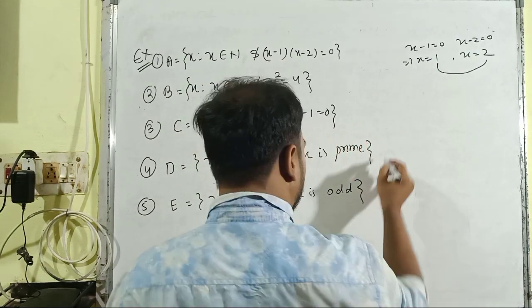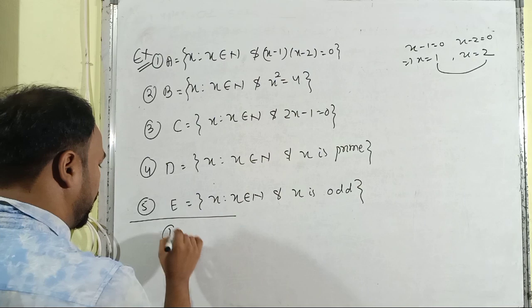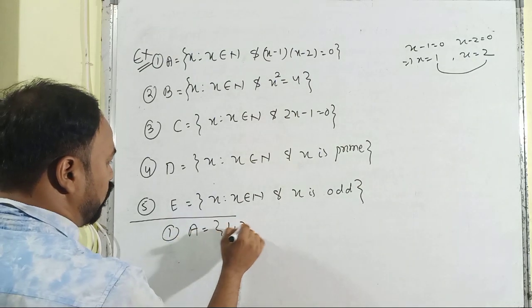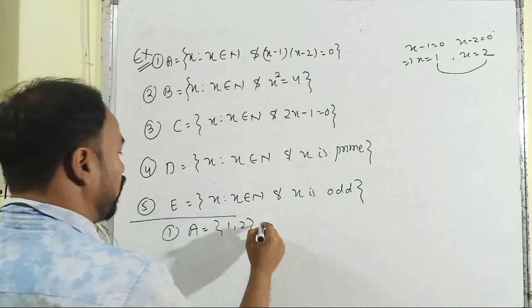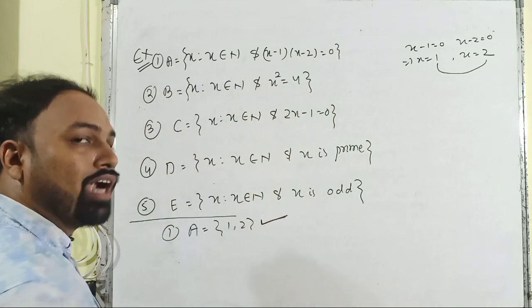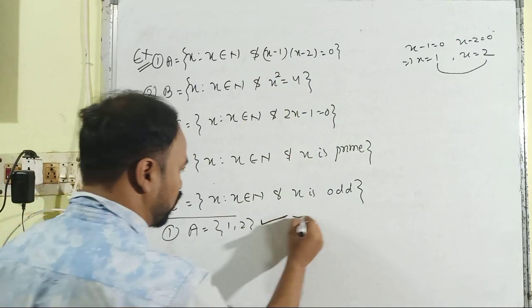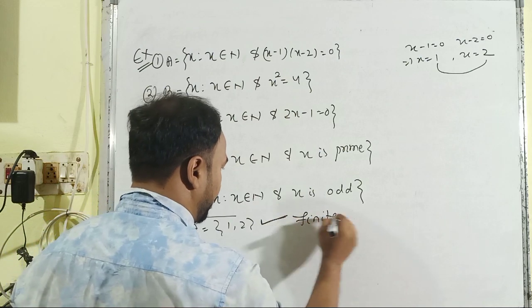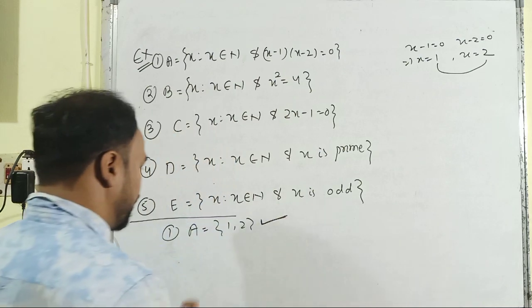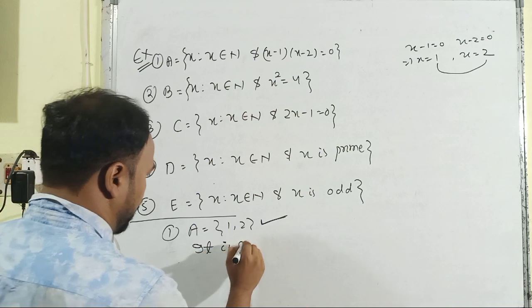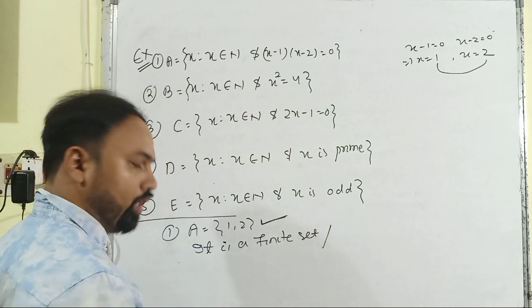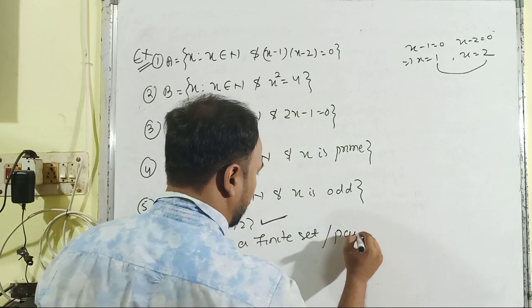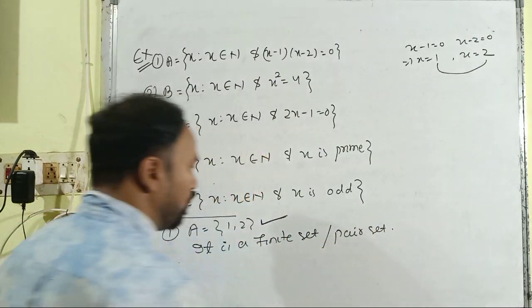So set A is {1, 2}. It is a finite set, and also it is called a pair set, because a pair set is one type of finite set.